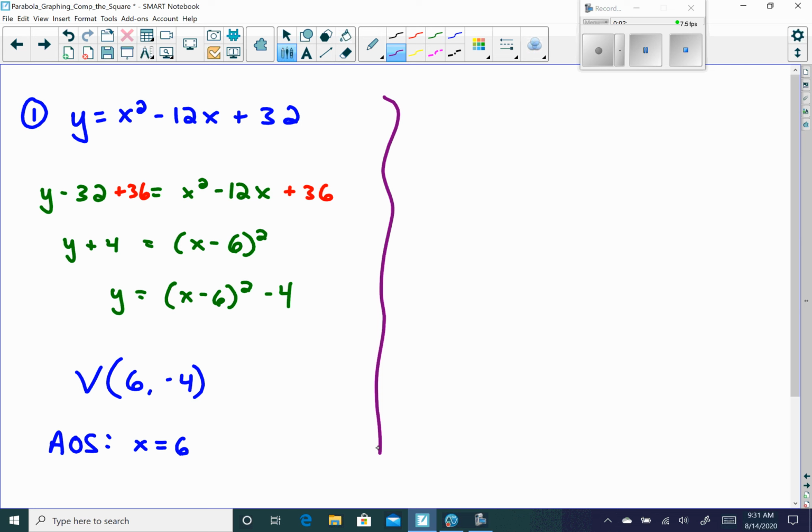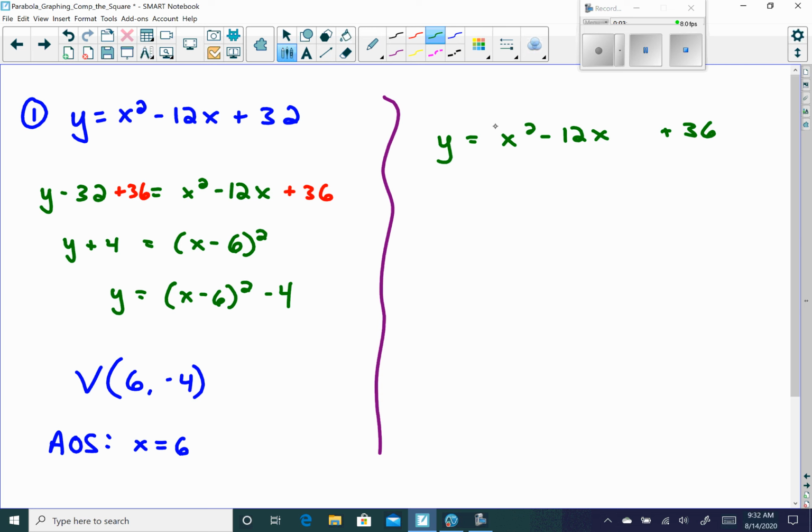Now, to show you a slightly different way of getting this in vertex form, sometimes it's a little quicker. So we're going to leave everything on one side. And I'm going to leave a little bit of space here though, as long as our leading coefficient is 1, we don't have to factor anything out.